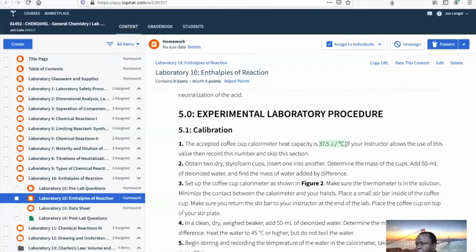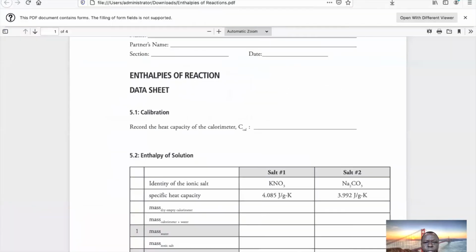And take note, it is joules per what? Joules per degrees Celsius. So our temperature will be in degrees Celsius. Take note of that. So that is for the data sheet. You need to fill in that here for 5.1. I'm just going to walk you down the calculation.